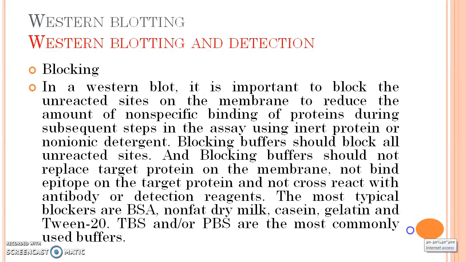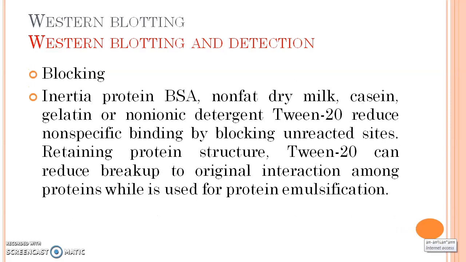commonly used buffers. Inert proteins BSA, non-fat dry milk, casein, gelatin or non-ionic detergent Tween 20 reduce non-specific binding by blocking unreacted sites. Retaining protein structure, Tween 20 can reduce breakup of original interaction among proteins, while it is used for protein emulsification.